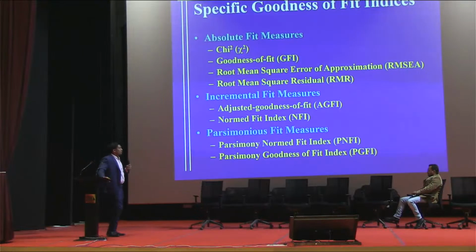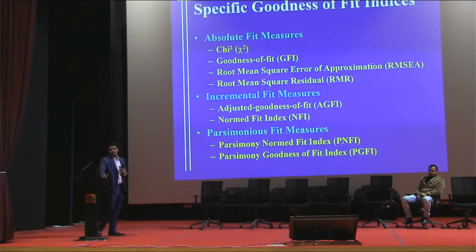We also look at various residual-based indices, for example the root mean square error of approximation. It is an index which tries to understand the amount of residuals we have in the model. Ideally, when it comes to residuals, we want values closer to 0.